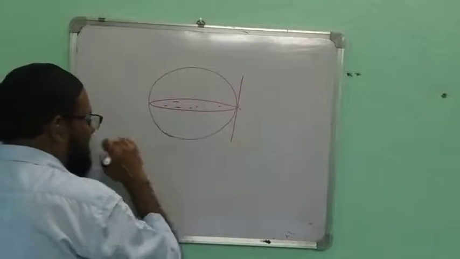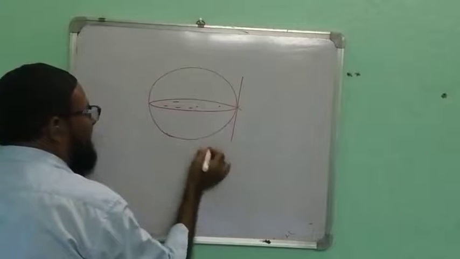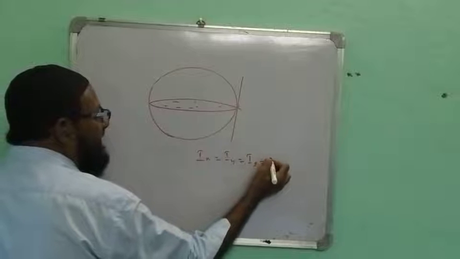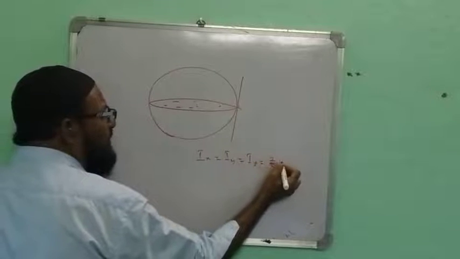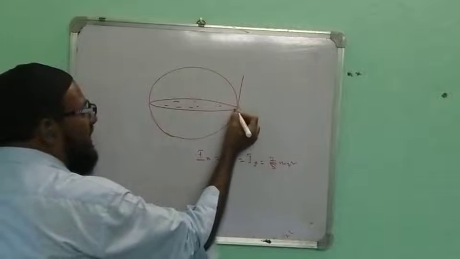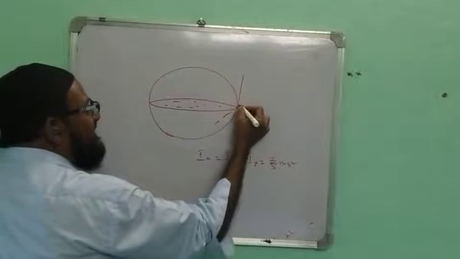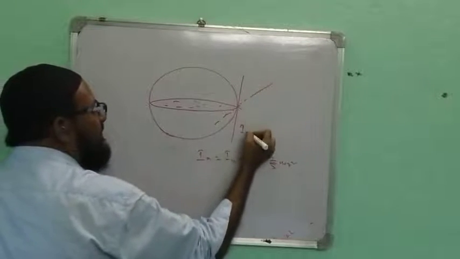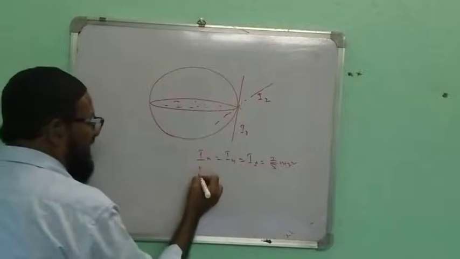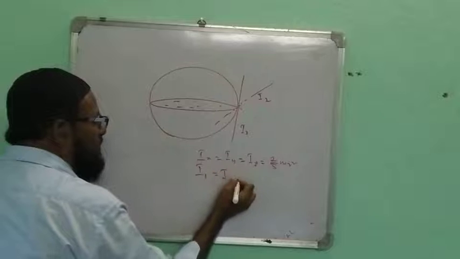In this case, here Ix, Iy equal Iz, that equals 2 by 5 m r square. Here I1, this tangent and this tangent are the same. This is I1, this is I2. All the tangents are the same. Here I1 equals I2.